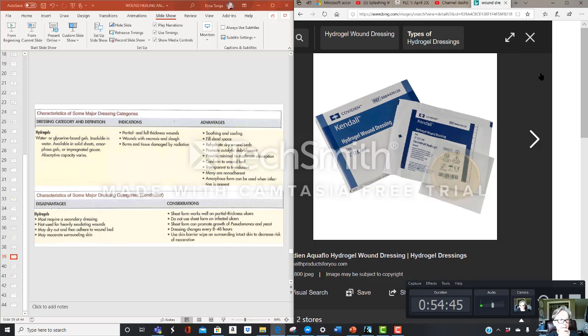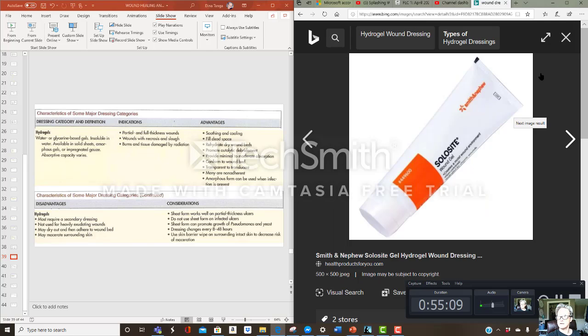Water and glycerin-based gels insoluble in water, available in solid sheets, impregnated gauze, absorbent capacity varies. For partial and full thickness wounds, wounds with necrosis and slough, burns, and tissue damage by radiation. The advantages are soothing and cooling.